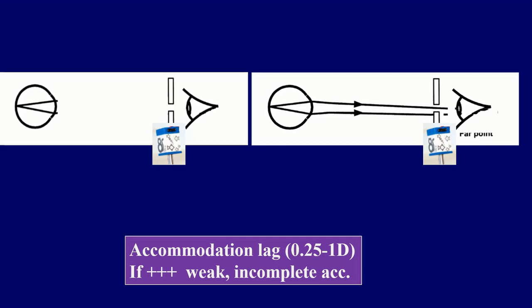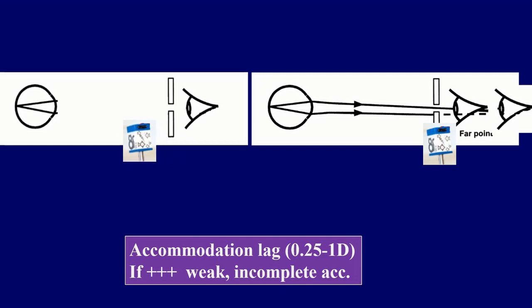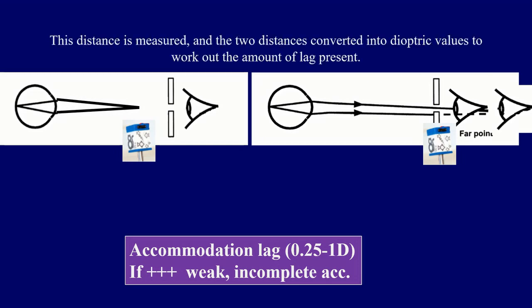To know the amount of accommodative lag, we can move a little bit behind, or we can push the reading target closer to the patient till the red reflex appears neutral. Then this distance is measured, and the two distances are converted into dioptric values to work out the amount of lag present.